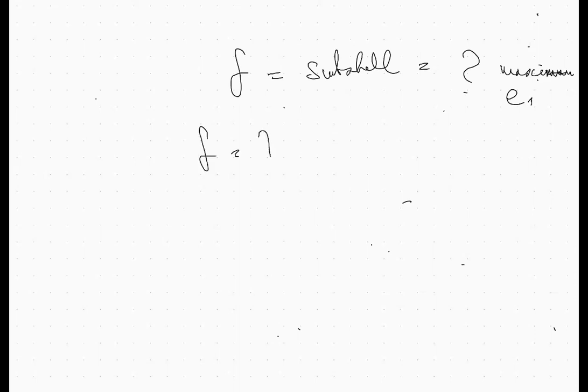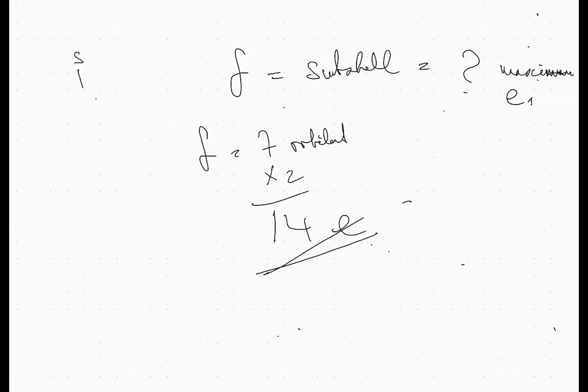Each orbital could have 2. So the answer would be 14. F has 7 because we did that: S, P, D, F, G. That's 1, that's 3, that's 5, that's 7, that's 9, because we follow all the odd numbers. Okay? All right.